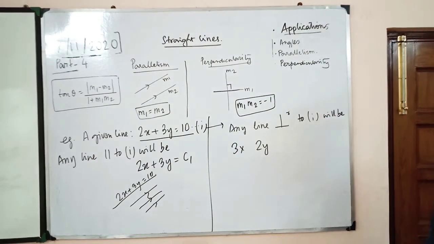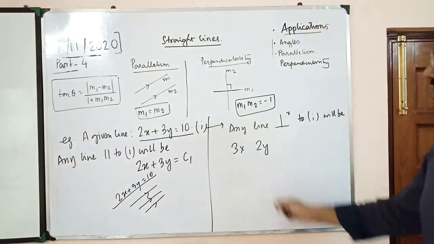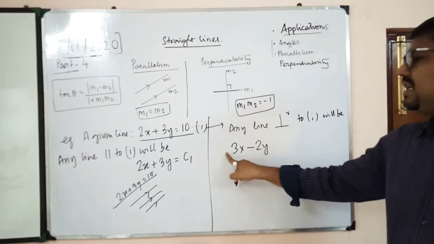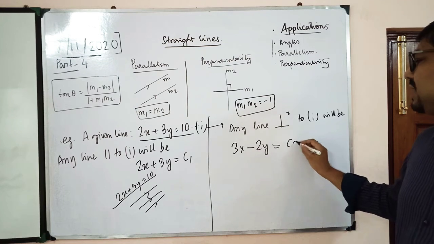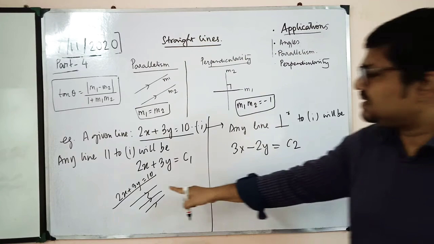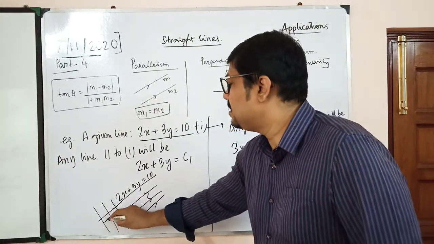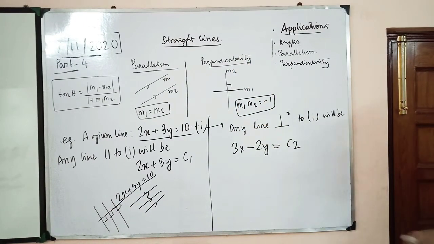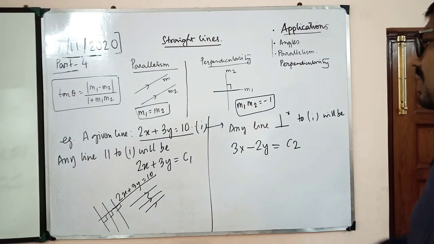If the signs are the same, say both are plus, we put one sign different. So we will put a minus: either minus 3x plus 2y, or we can write 3x minus 2y equals something like C2. Why? Again the same concept. If this is the line, there could be many perpendicular lines. So this C2 will vary and create the equations of many perpendicular lines.